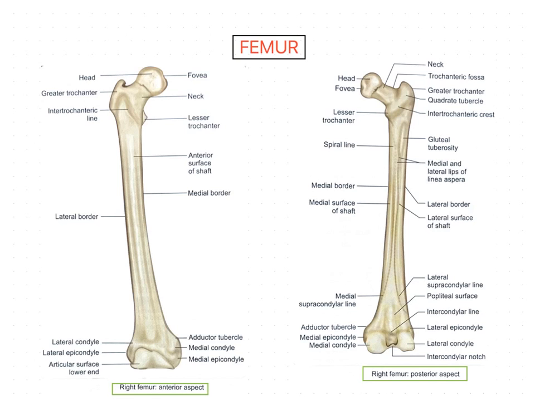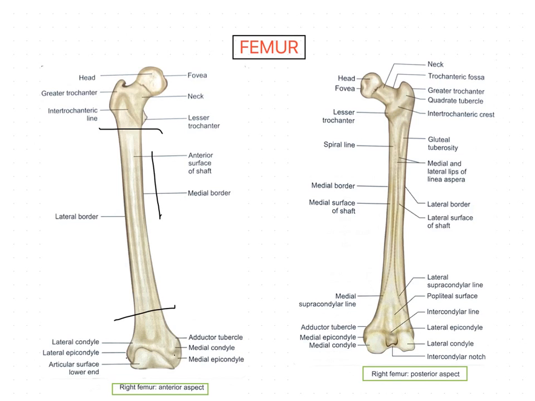Like any other typical bone, it possesses two ends, the upper end and the lower end, and a shaft. How can you determine the side of this bone? The upper end bears a rounded head, whereas the lower end is expanded to form two large condyles.